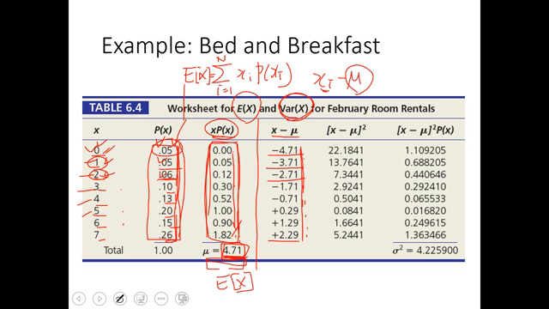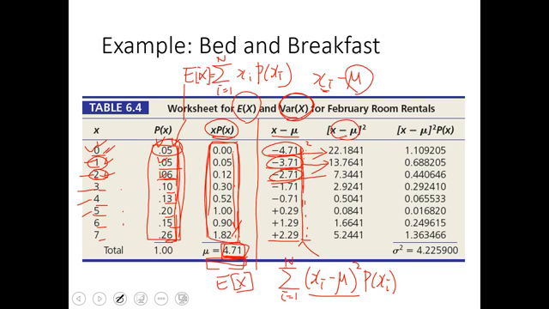The variance is given by the sum, i from 1 to n, of (xi minus mu) squared times the probability of xi. So we take the square of each value we calculated: minus 4.71 squared is here, minus 3.71 squared is here, and so on. (x minus mu) squared is given in this column.